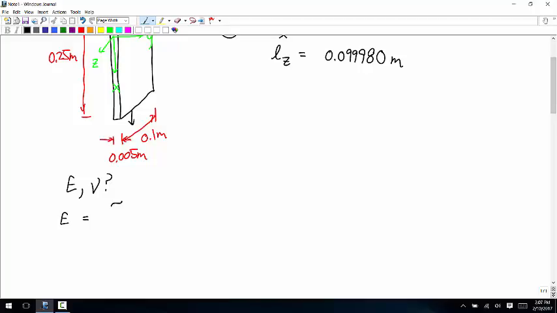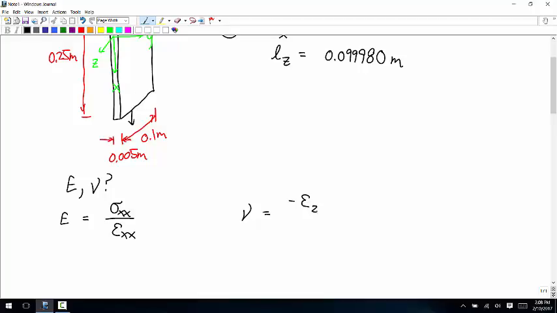Young's modulus is the stress along the loaded axis, that's X in this case, divided by the strain along the loaded axis. And the Poisson's ratio is the negative strain in one of the off axes.